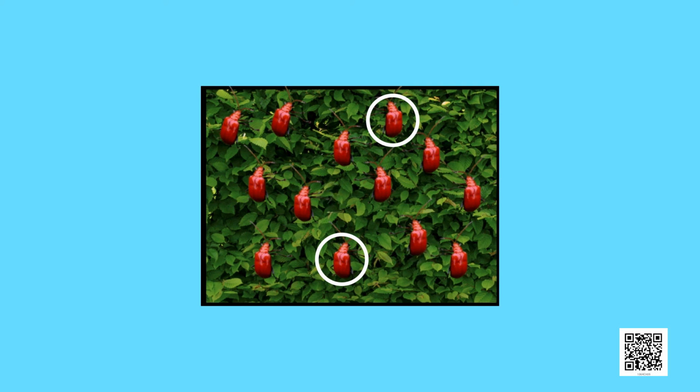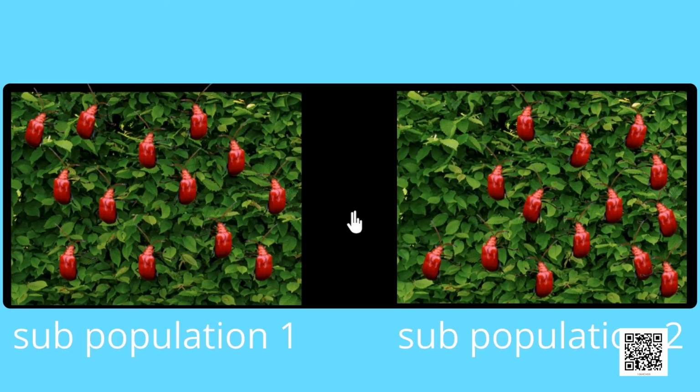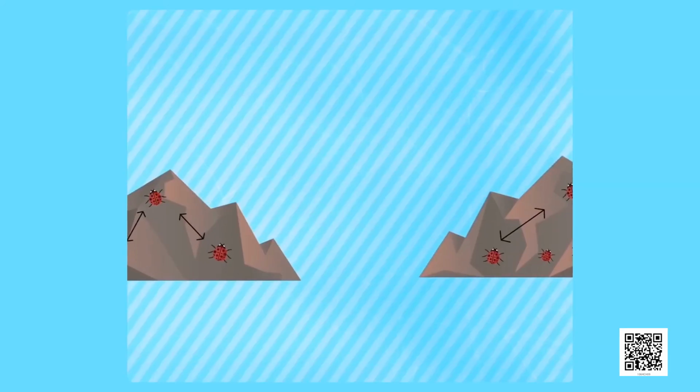So, in this huge population of beetles, there will be subpopulations in the neighborhoods. Most reproduction will be within these subpopulations, but occasionally some adventurous beetles might go from one side to another.